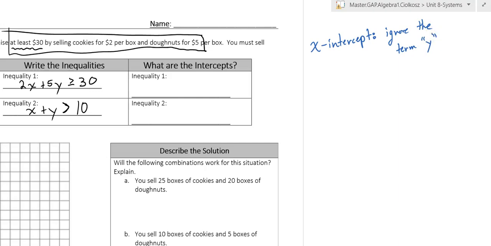So even if there's a number in front, we just basically pretend it's not there. To find our y-intercept, we ignore the term x. So again, no matter what's out front, we pretend it's not there.